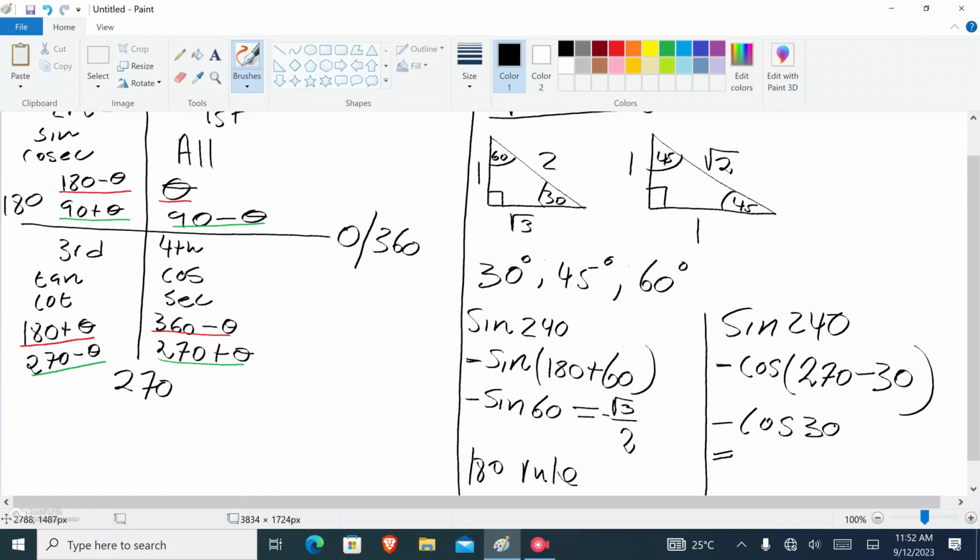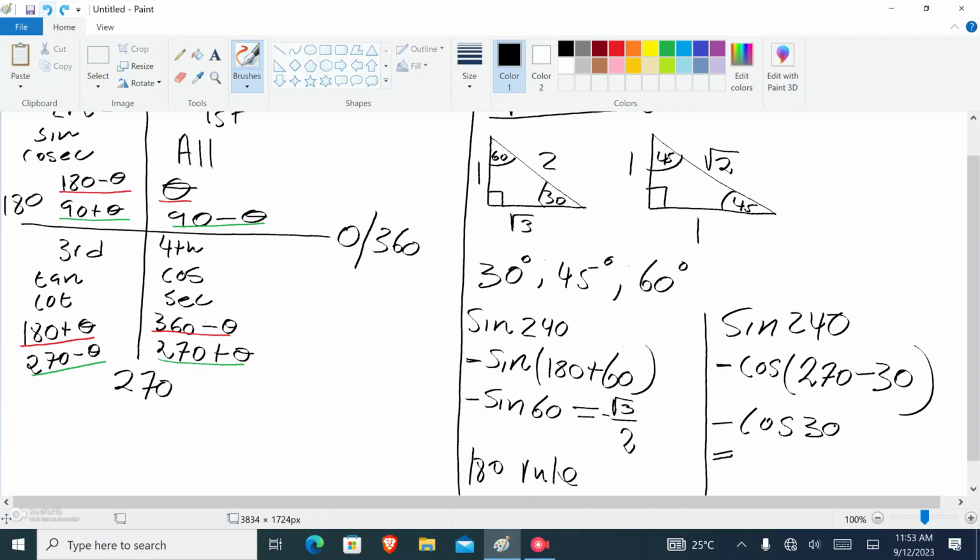30. Now when you look at your special angles on their triangle, again, where is 30? 30 is here on the first triangle there, the right angle triangle there. Now when you look at it, how are you gonna solve it? Now if you still remember, cos is adjacent over hypotenuse.